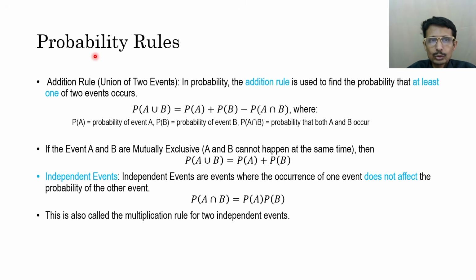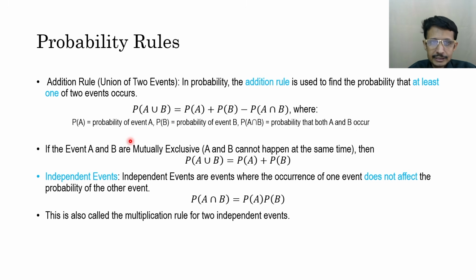So what are the different probability rules? First is the addition rule, the union of two events. In probability, the addition rule is used to find the probability that at least one of the two events occurs. So P of A union B is P(A) plus P(B) minus P of A intersection B, where P(A) is the probability of event A, P(B) is the probability of event B, and P of A intersection B is the probability that both A and B occur.